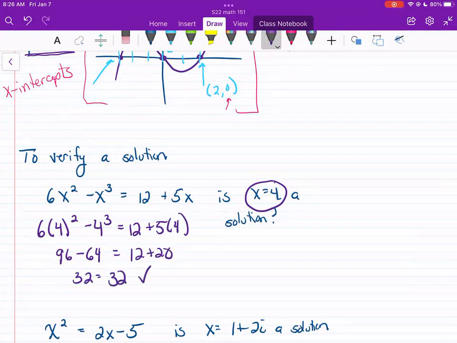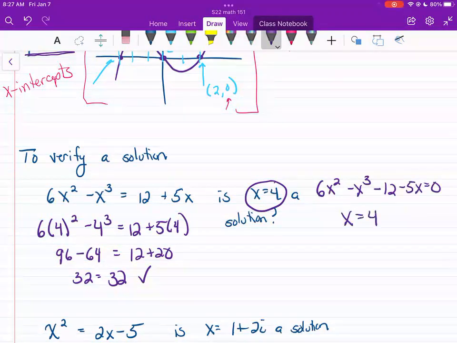It's true, so both sides are equal, and x equals 4 is the solution. Notice if we rewrite this and set it equal to 0, then we can also say that x equals 4 is a 0 of the polynomial.